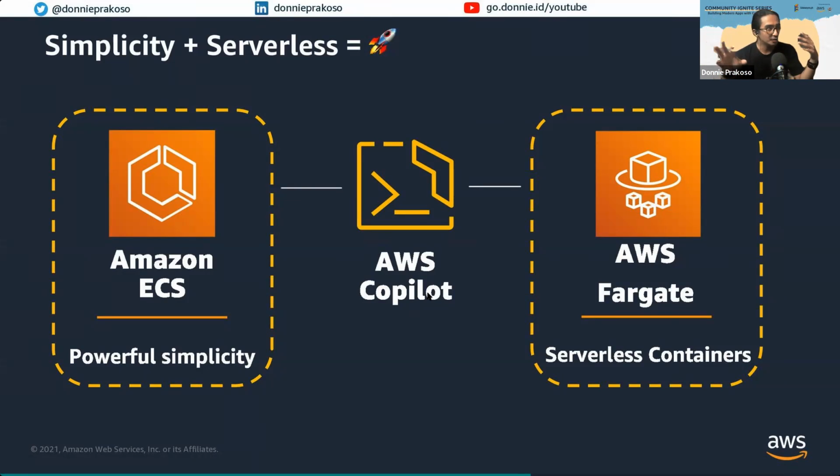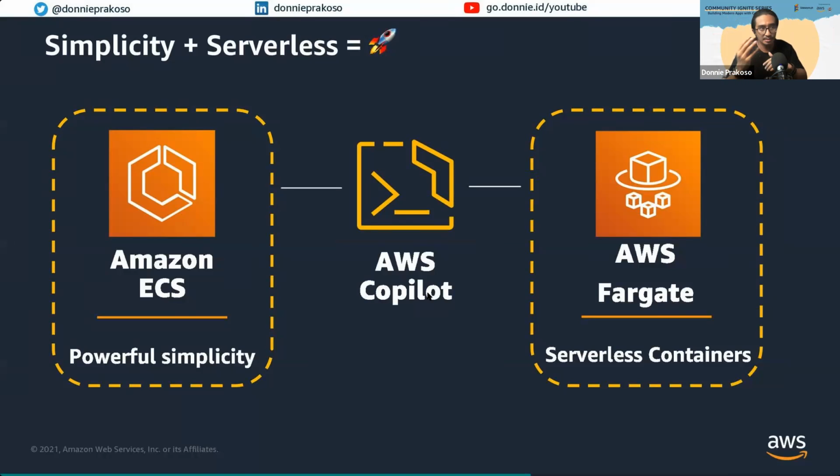Like what I mentioned on Amazon ECS, we need to create tasks. Oh, wait. Do we need to create a service first? Oh, wait. Actually, you need to create a task definition. And then, okay, where does ECR come into the picture? So you probably have all of these questions, right?